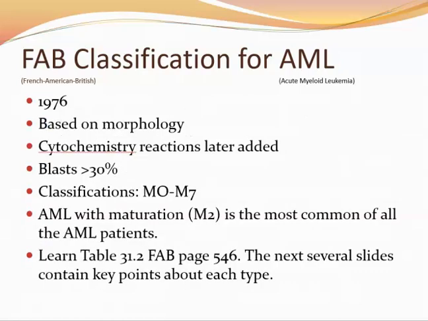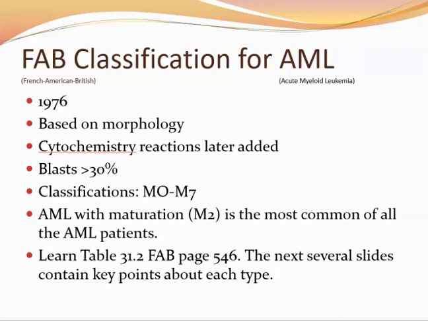The FAB classification for AML was established in 1976. It's based on morphology of cells. Later, cytochemistry reactions were added. It's based on blasts of greater than 30%. The classifications go from M0 to M7.